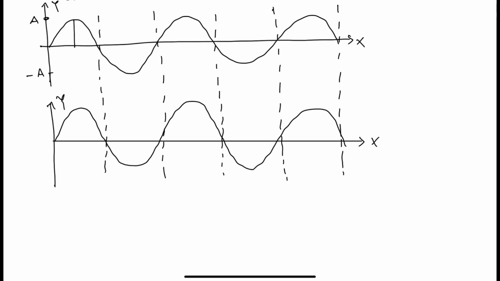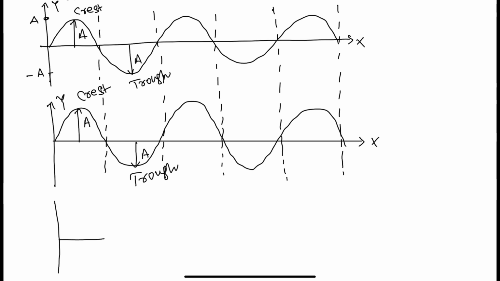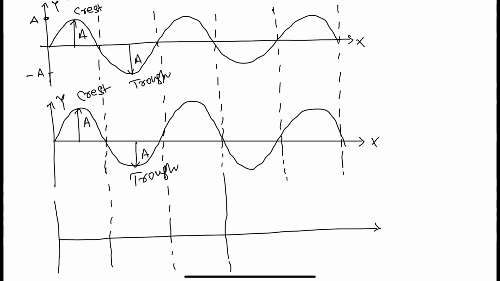Its amplitude is A, and this one also is A. Same waves, I said, same amplitudes. This is crest, next one is trough; here also crest, next one trough. I'm taking the resultant, extending this interval.